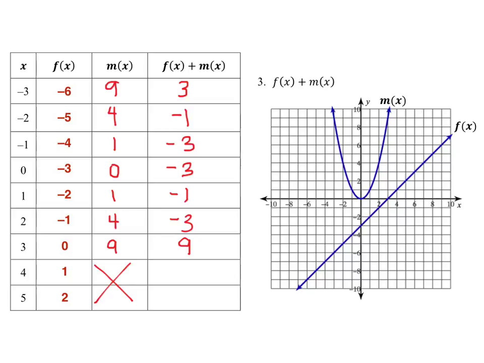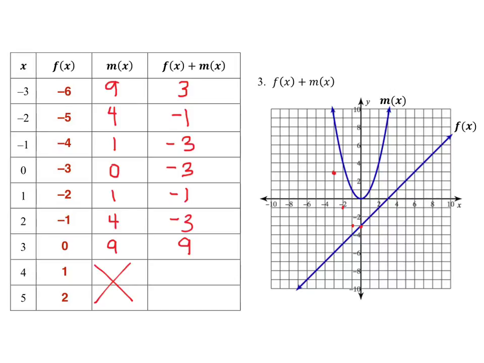We're then just going to go and plot this like we did on number 1 and 2. When x equals negative 3, y equals 3. When x equals negative 2, y equals negative 1. When x equals negative 1, y equals negative 3. When x equals 0, y equals negative 3.